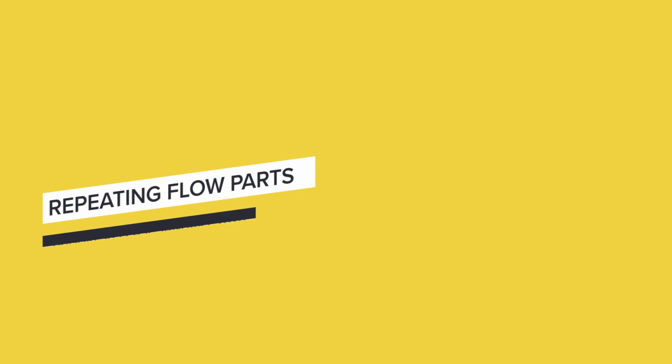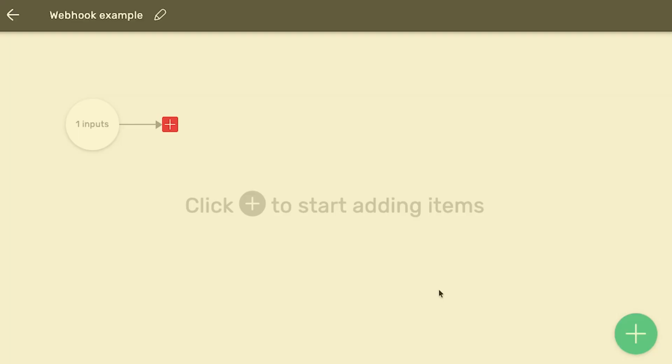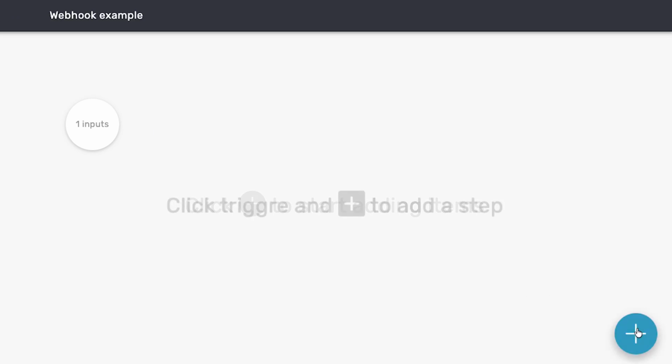This brings us to the next feature, repeating flow parts in an automation flow and in a user flow. In this automation flow, we can use a flow part for each item in the customer list from the inputs.